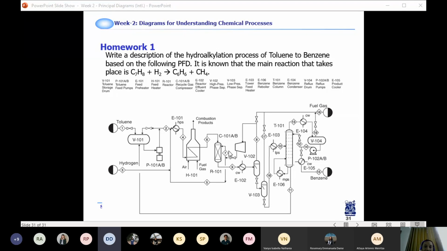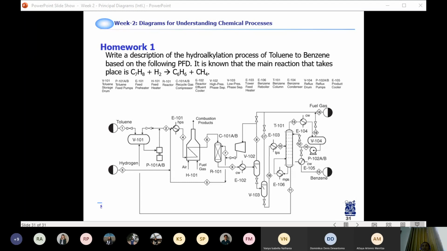Sir, I have a question, sir. Okay, Dominicus, please. For the unit names, it says V101 and C101. Does V always mean vessel, or is there a specific way to name the units? Okay, for the code, any code, it usually depends on the company system.